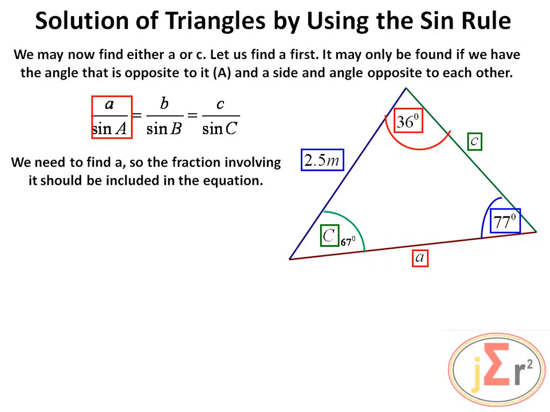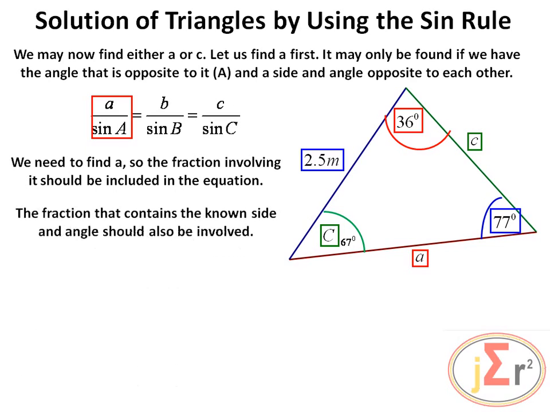We need to find A, so the fraction involving it should be included in the equation. So that is A. The fraction that contains the known side and the angle should also be involved. If we do not put in the known side and angle, we are going to be in a serious problem because we will not have any values to use to calculate our unknown.